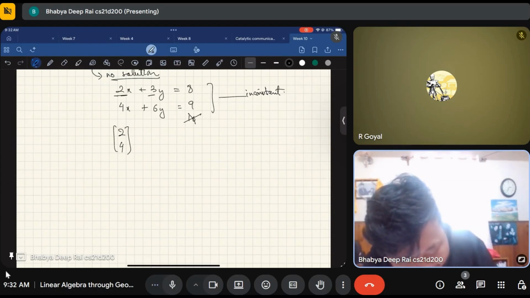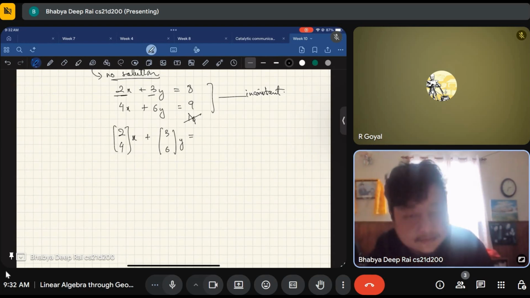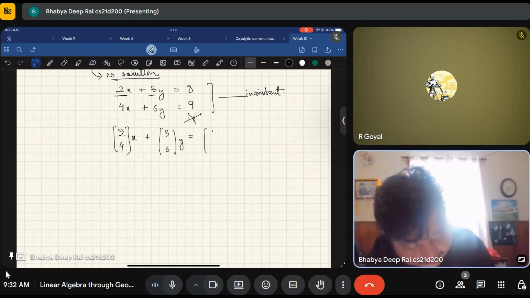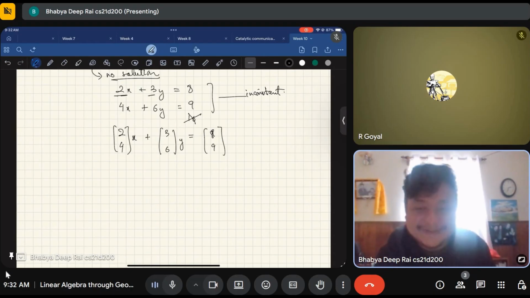The column sense would be x times (2, 4) plus y times (3, 6) equals (8, 9). That would mean that (8, 9) is not in the column space of (2, 4) and (3, 6). Exactly. That is the point that I'm trying to make.